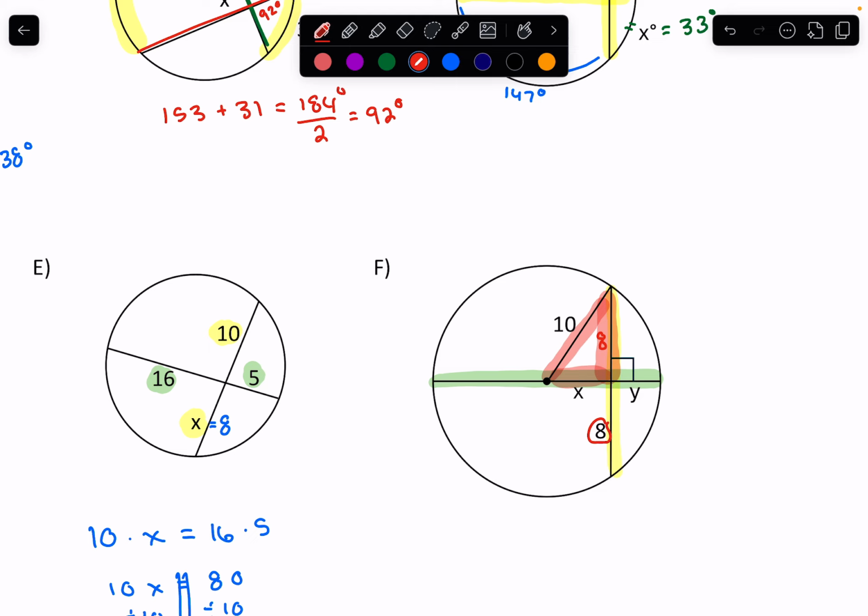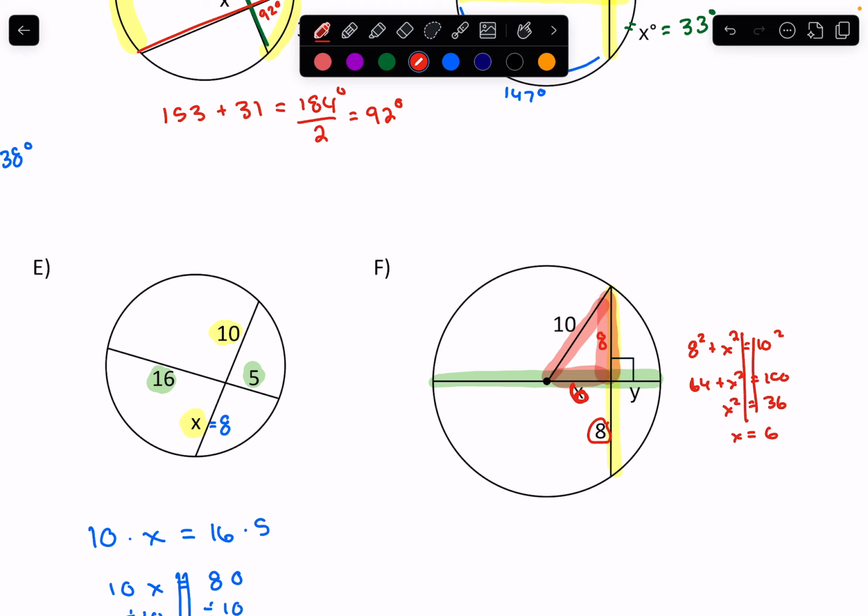So if I do a little bit of algebra, I know that 8 squared plus x squared equals 10 squared. So 64 plus x squared equals 100. So x squared equals 36. So x equals 6. Right? I'm just doing railroad track, but I'm going kind of fast because we do this all the time. So that means that x, this length right here, is going to be the length 6.